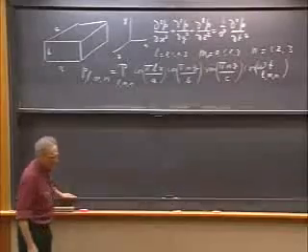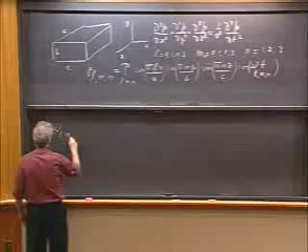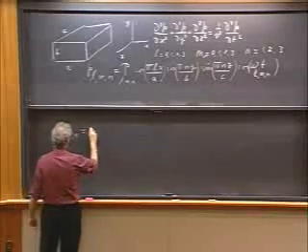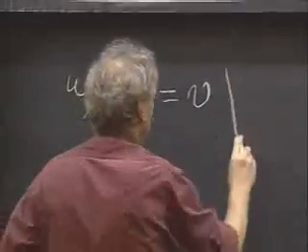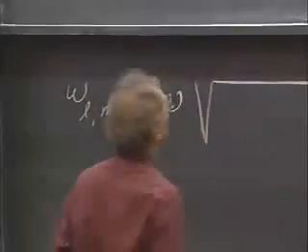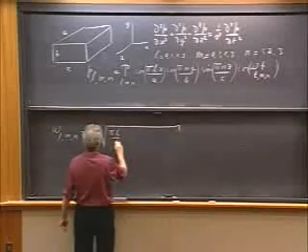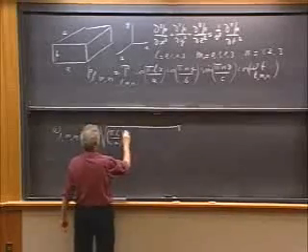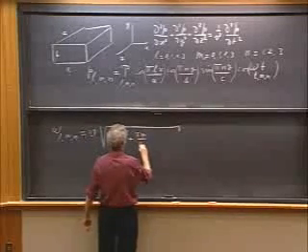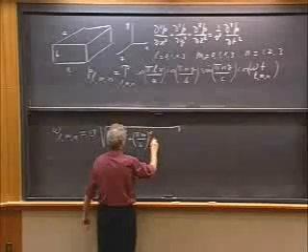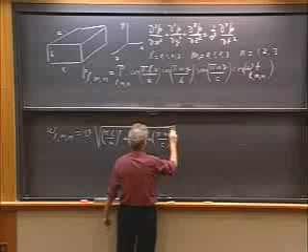And so that connection is then that omega LMN becomes v, which is the speed of sound, times the square root of, if you're ready now, pi L divided by a, squared, plus pi M divided by b, squared, plus pi Nancy divided by c, squared.